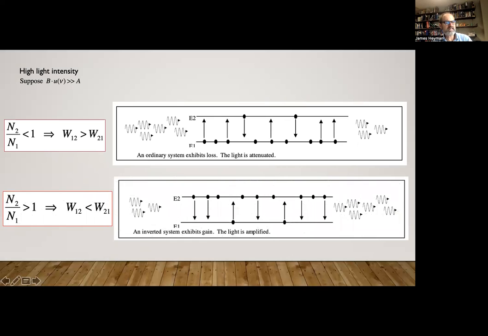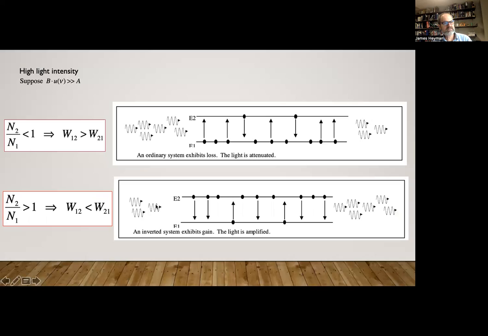Suppose, though, we could arrange so that the population in the upper state was greater than the population in the lower state. This is very unusual. A system like this is called an inverted system. And we don't come across these every day. But in an inverted system, the physics is just reversed. Now, when light interacts with this system, it's more likely to drive stimulated emission than it is to drive absorption.